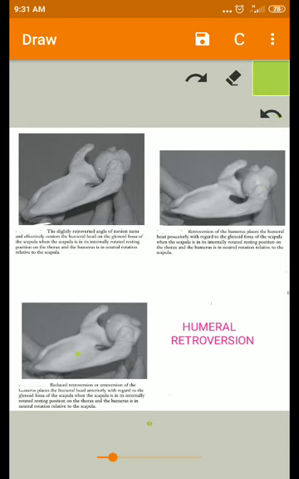If you draw this angle, the angle is more than 30 degrees, so a larger humeral retroversion angle orients the humeral head more posteriorly on the glenoid surface, when the humeral condyles are aligned in the coronal plane, that is the anatomical plane.